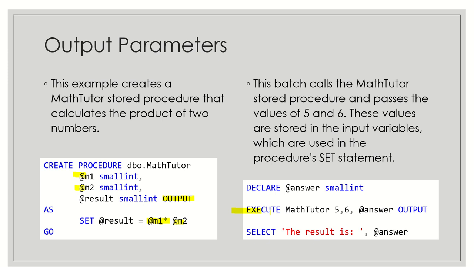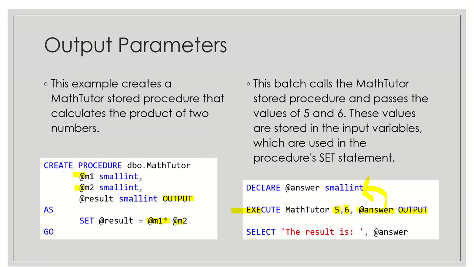Now let's take a look at our execute statement. We're passing three parameters. Passing them by position, the 5 becomes M1, and the 6 becomes M2, and the output parameter, we have to pass a variable. So up here, we have to make sure that this variable exists before we try to pass it.